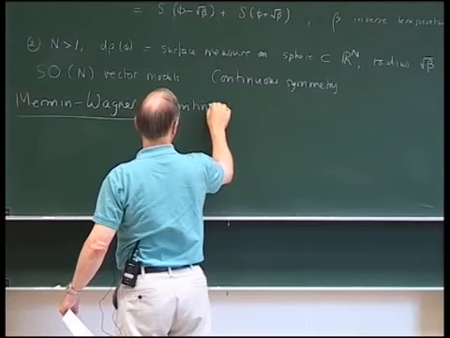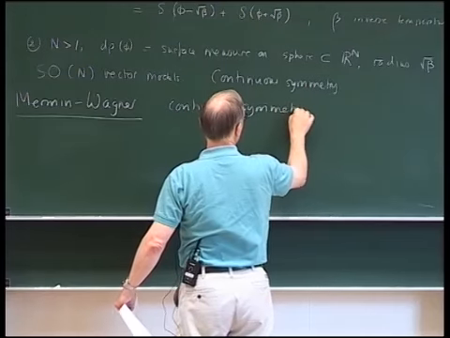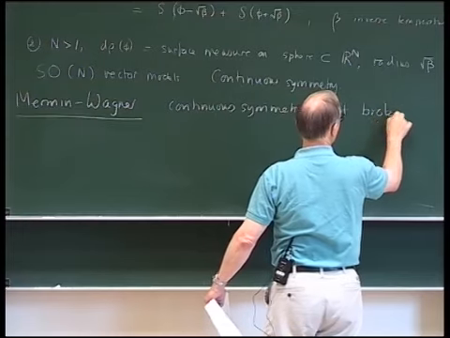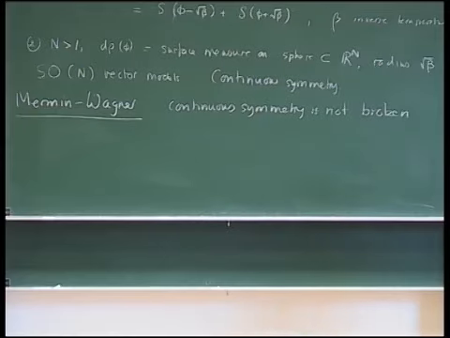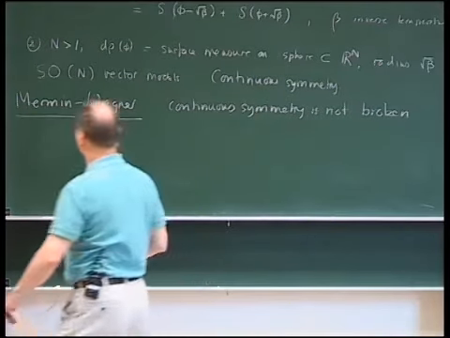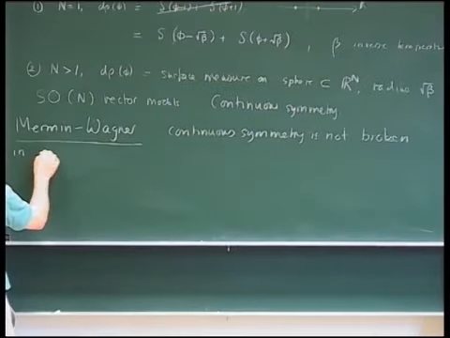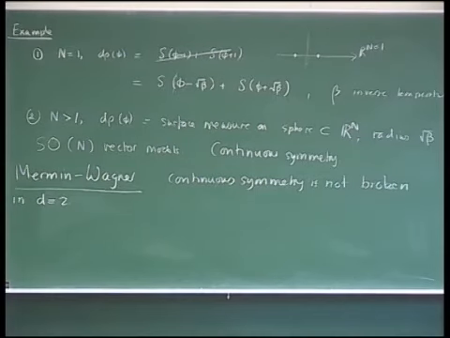Continuous symmetry is not broken in dimension 2. Now, I haven't defined what it means to say that the symmetry is broken, but I'm just making the theorem ahead of the careful definitions, but I think you can guess what it means. So this is not the focus of the lecture today, it's just part of the general background to think about.